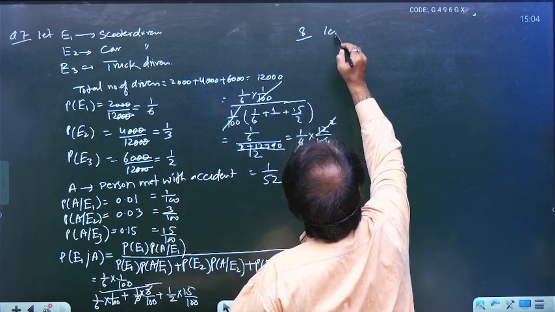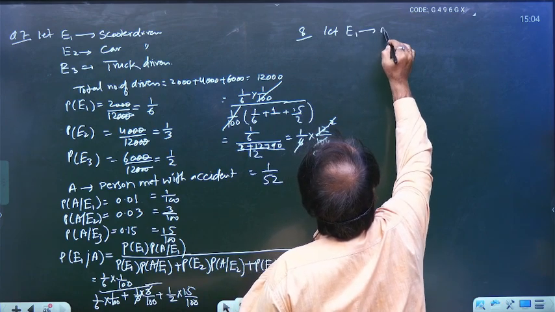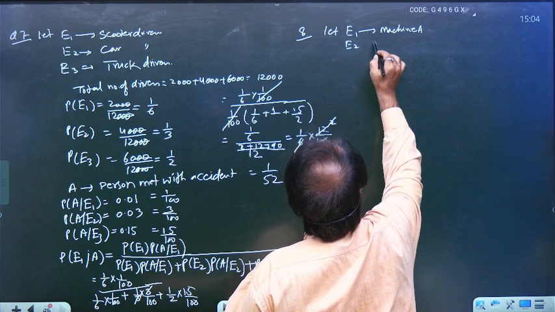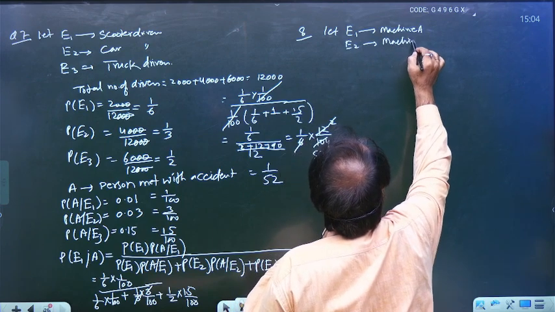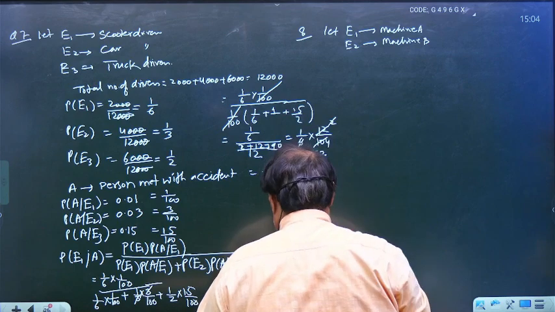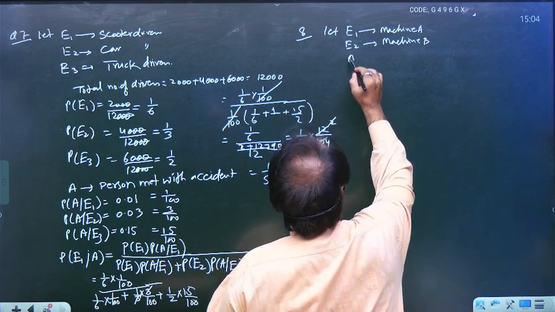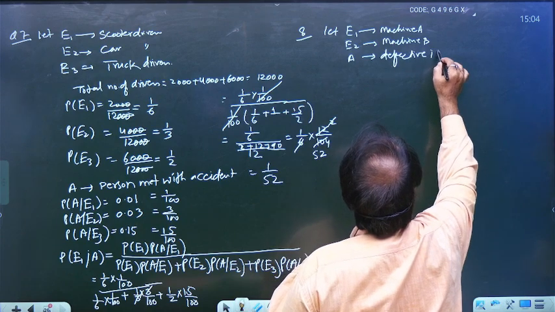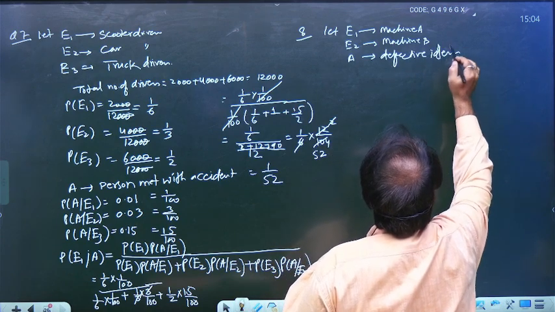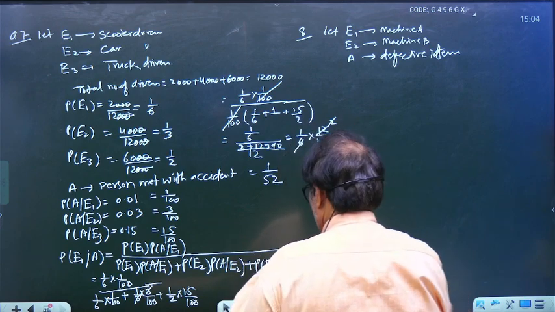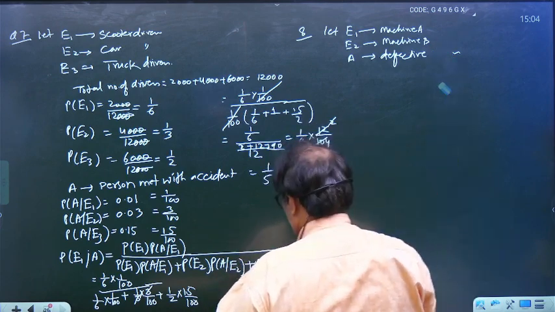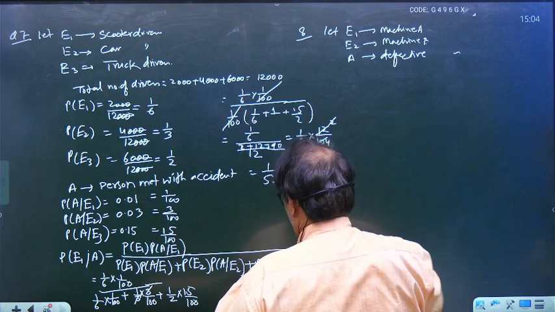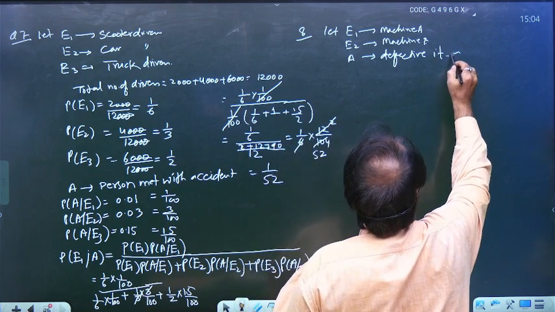So let E1 be machine A and E2 be machine B, and A be the defective item.